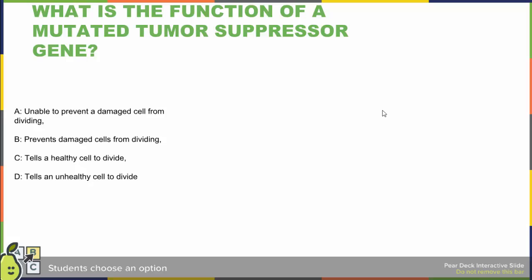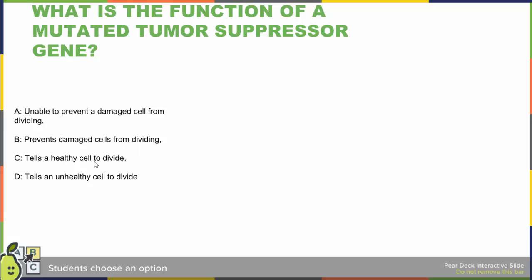However, if you have a mutated tumor suppressor gene, that means that even though the cell is unhealthy, it is still going to divide. So A here says unable to prevent the damaged cell from dividing. A is going to be a correct answer. If this had said, what is the function of a tumor suppressor gene, not the mutated version, then B would have been the correct answer.